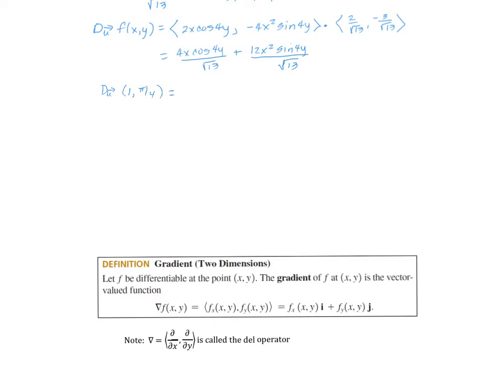So if I simply put in 1 for x and pi over 4 for y, it looks like we have negative 4 over the square root of 13 plus, if y is pi over 4, sine of 4 times pi over 4 is sine of pi, which is just 0. So the second term is just 0. And that's actually it. This would be my directional derivative. Negative 4 over the square root of 13.